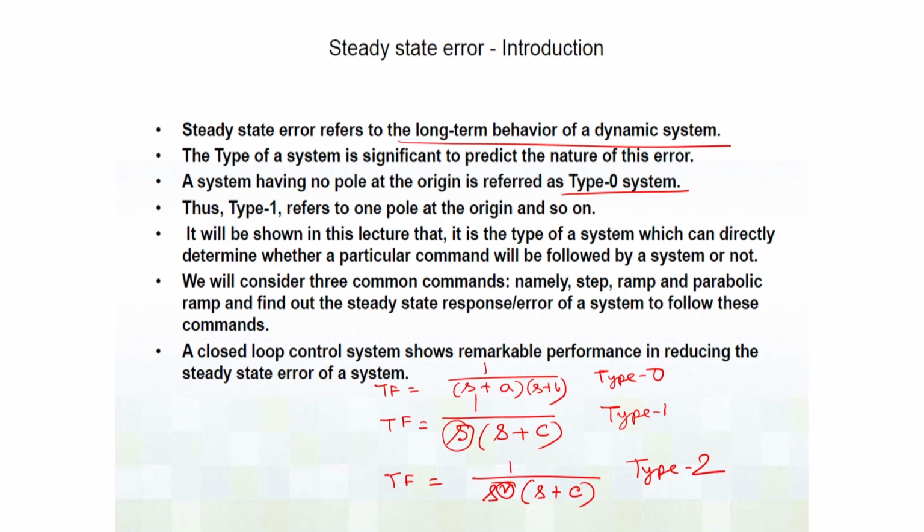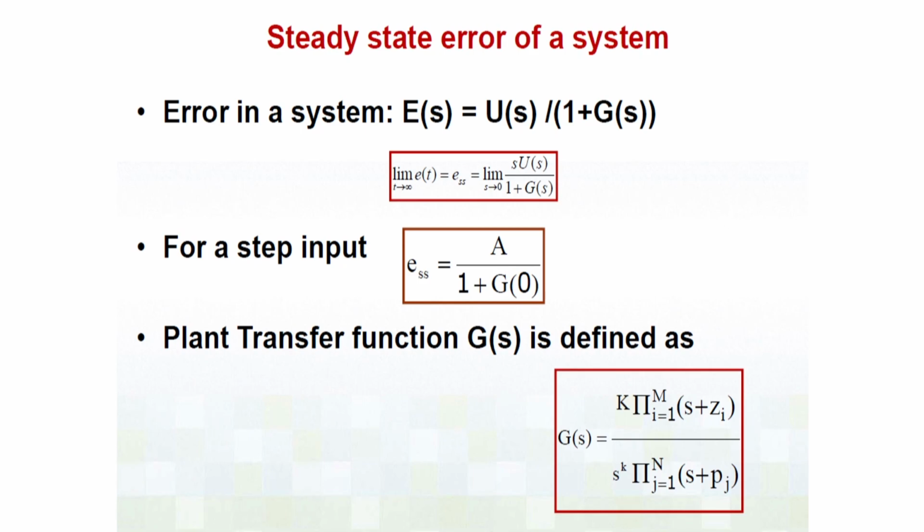Now, the type of a system is intricately related to the steady state error that can happen to a system. Well, let us have a look at it. First of all, what is the error in a system? Well, if you consider the input u to a system, you have a summer junction, plus and minus, and then you have this plant directly here, which is G(s).